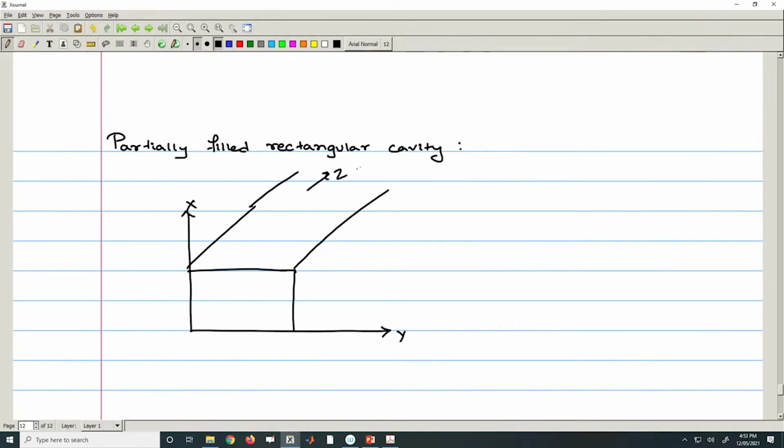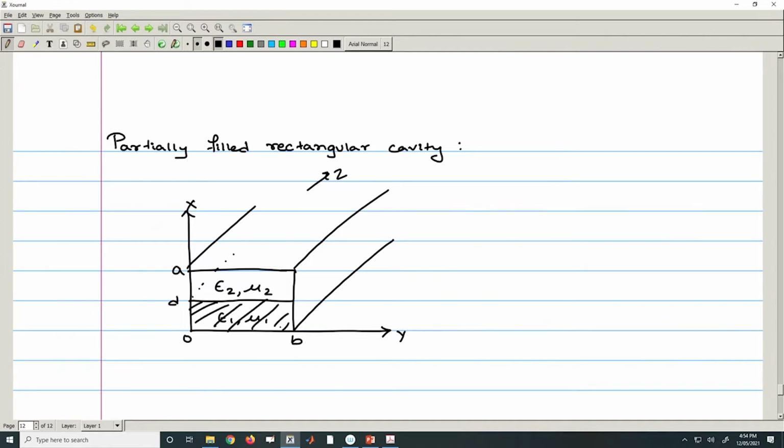In this we have z. And since this is partially filled, this is the origin O (0), and then this will be A, this is B. Let us denote this point as D. This one is filled with epsilon 2, mu 2 and this is epsilon 1, mu 1.